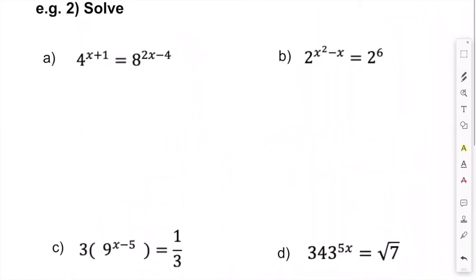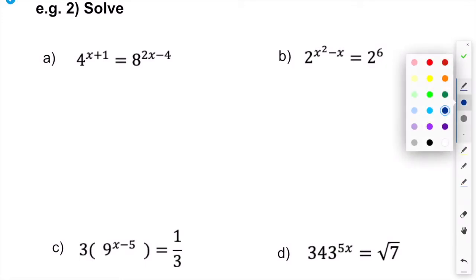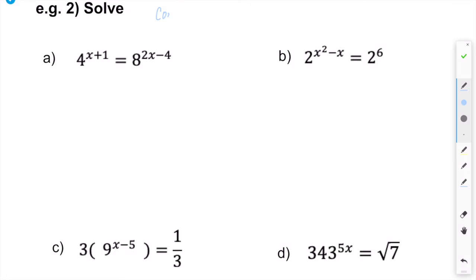Okay, on page 2. Now we're going to solve a bunch of exponential equations. The key to solving exponential equations is to remember that for the most of the time, you're really thinking about comparing the base of the left side and right side of the equation, so that you can just drop the base and then compare exponents.